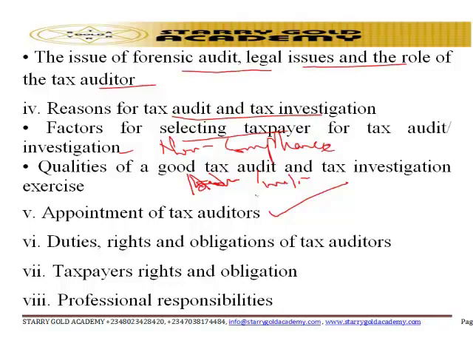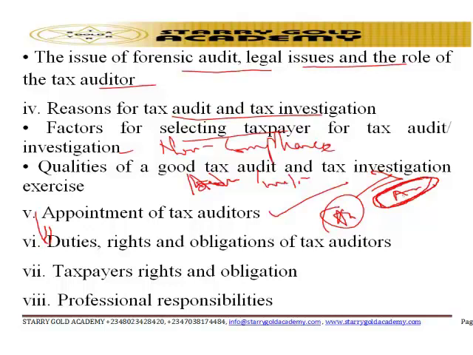Mind you, the appointment of tax auditors and the duties and rights of a tax auditor are also similar to the appointment, duties, rights and obligations of an auditor, because there is no difference between a tax auditor and a statutory auditor. The only difference is that one is subject to taxation, while the other is subject to what? To financial statements at large.